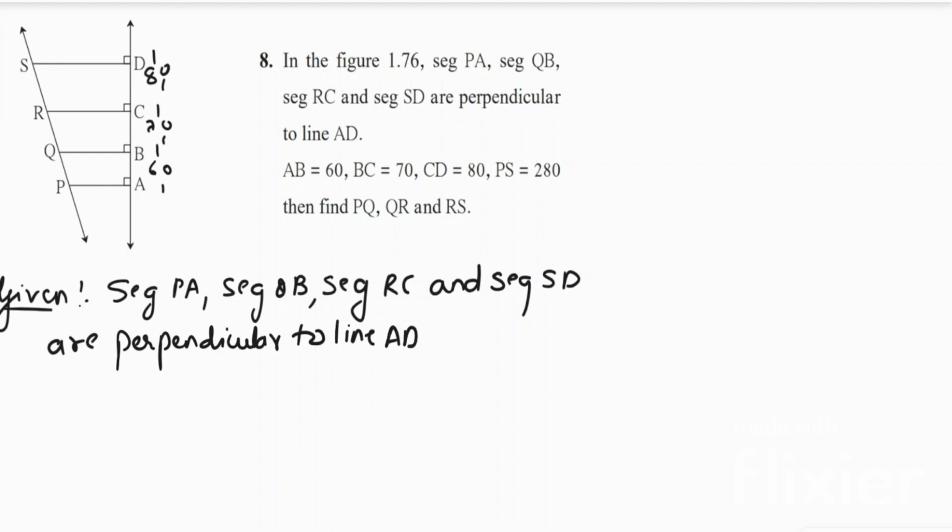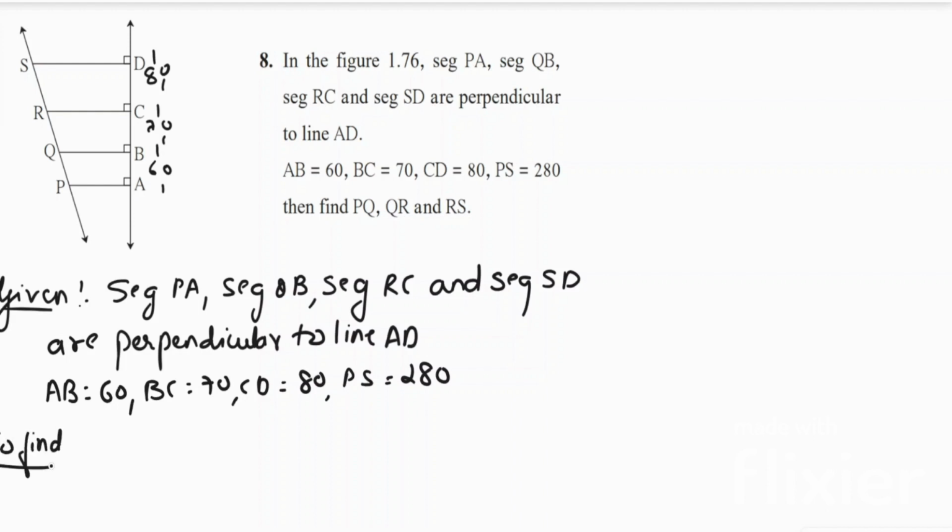The values given are AB is equal to 60, BC is equal to 70, CD is equal to 80, PS is equal to 280. Now what we need to find here is PQ, QR and RS.